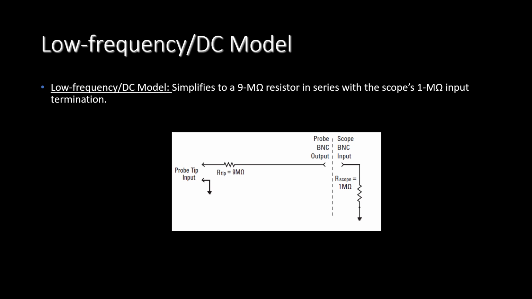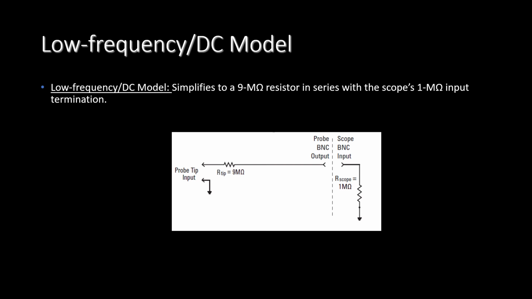For low frequency or DC measurement applications, we can significantly simplify the circuit by removing all of the capacitive elements shown in the model from the previous slide. What is left is just a 9 megaohm resistor near the probe tip in series with the scope's standard 1 megaohm input termination.